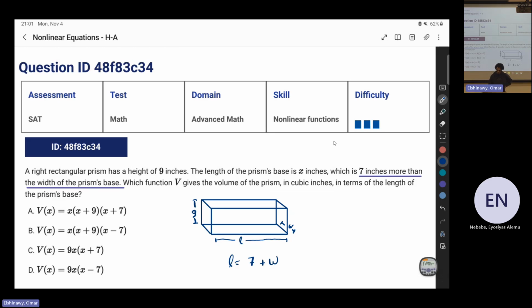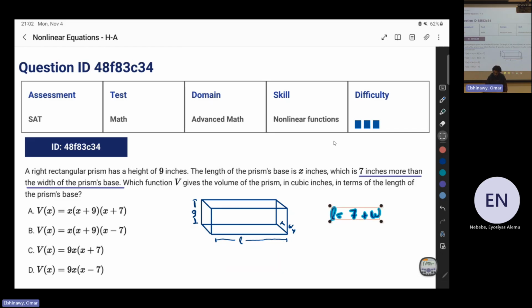And now finally we want a function in terms of the length. So when I say a function in terms of the length, I mean I give you the length, you give me the volume. This is precisely what I mean. I want to have something that looks like this.